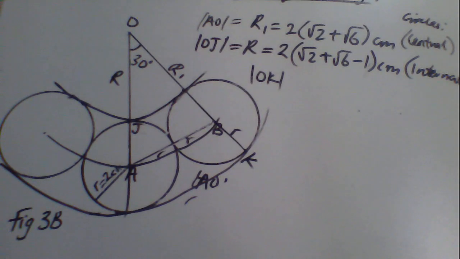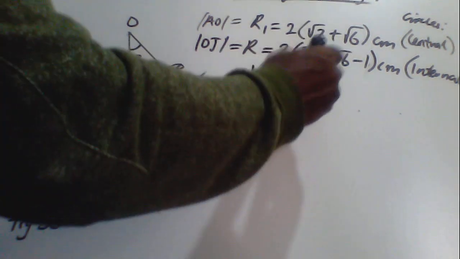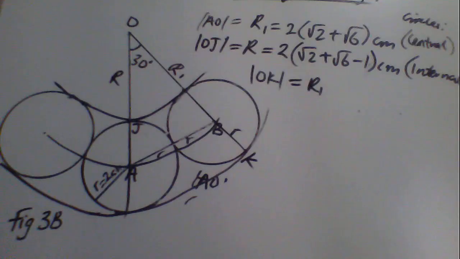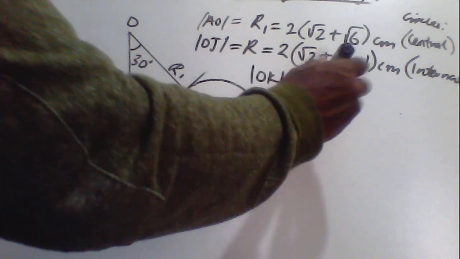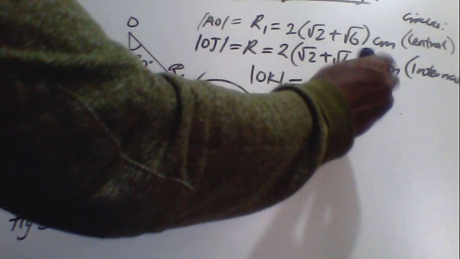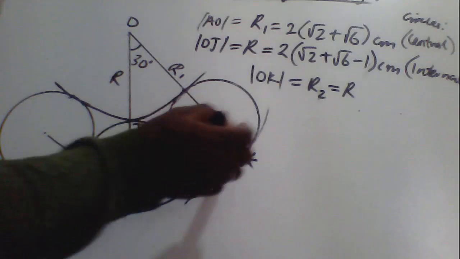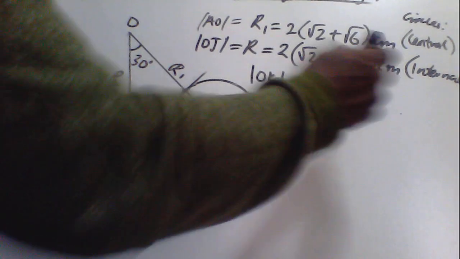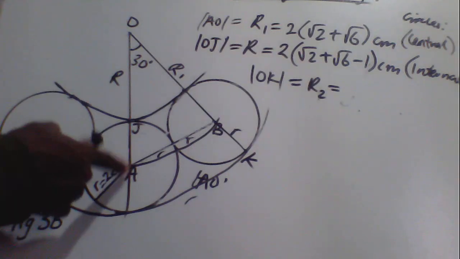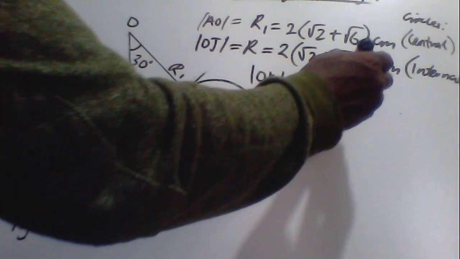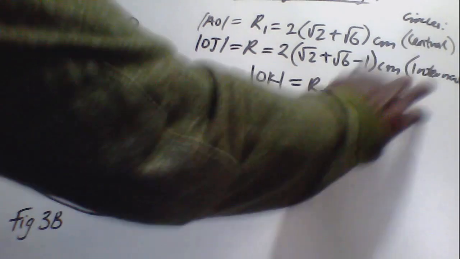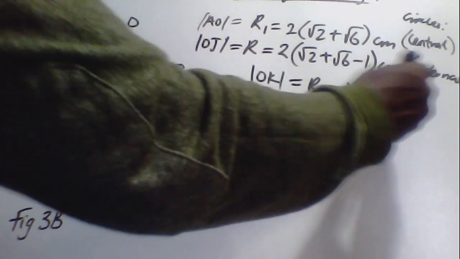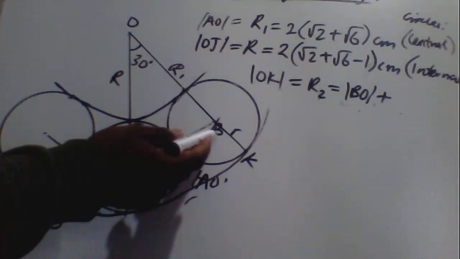We can call it R2. So R2 is equal to OB, which is equal to OA. AO or OB, they are the same. So BO, and that gives us BO plus r.